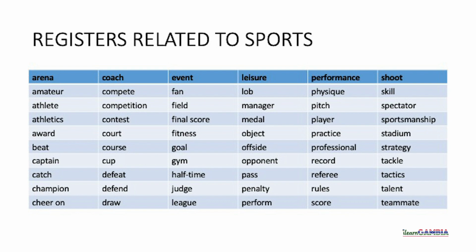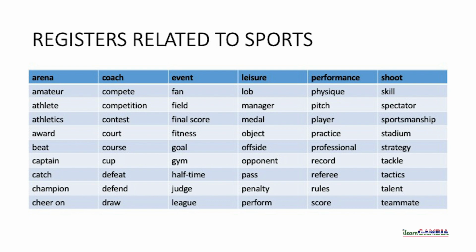Event, fan, supporters, the field, you have final score. That is the score line at the end of the game. Fitness, goal, gym, halftime, like in soccer or football, it is divided into two halves, the first half and the second half.